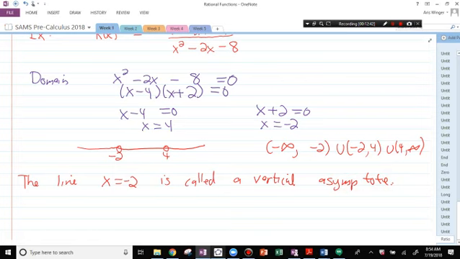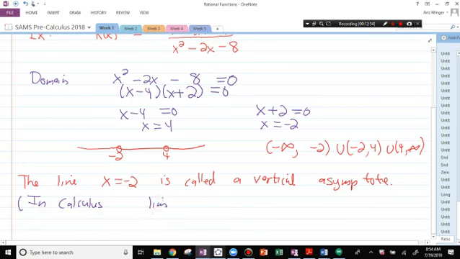The calculus remark is that we say that the limit as x tends to 2 from the right of f of x is, in this case, infinite, or the limit as x tends to 2 from the left of f of x, in this case, is negative infinity. That's the calculus way of saying that.